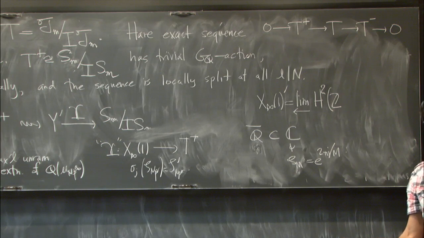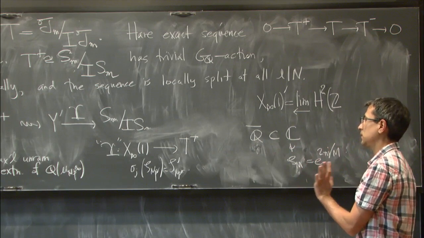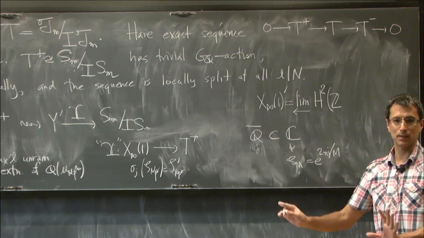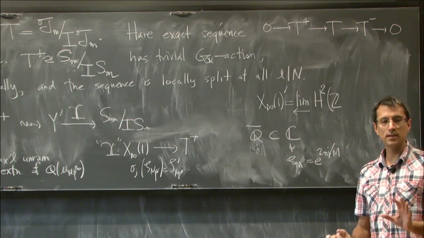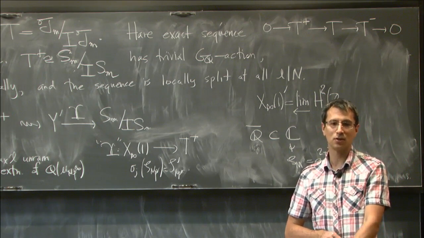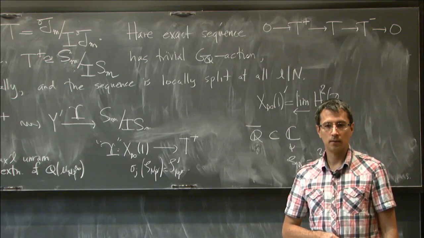Okay, but now you're claiming something doesn't depend on the choice of Q bar into C? Well, right now I'm just thinking of Q bar as a subset of C, so then it really doesn't depend. But yes, in the original paper, what I did was choose an embedding, and then I show everything is independent. Or at least the map is not independent of the embedding, but the statement of the conjecture that I'll make is independent of the embedding.